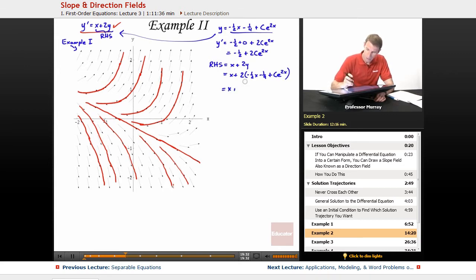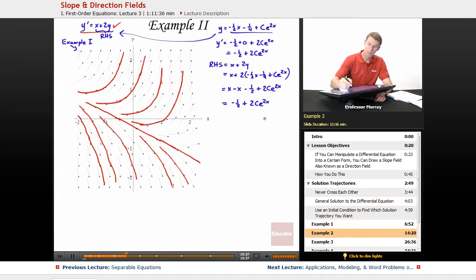X, now 2 times negative 1/2 x is minus x. 2 times negative 1/4 is minus 1/2. And then I get plus 2c e to the 2x. And those x's cancel, and it just simplifies down to negative 1/2 plus 2c e to the 2x.